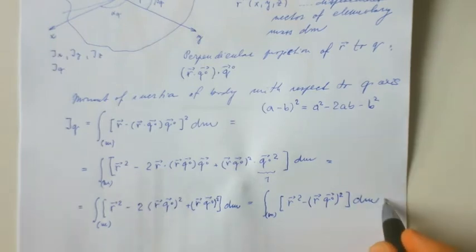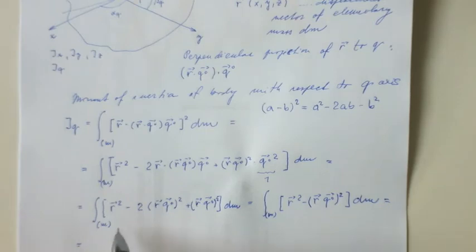And one more trick is applicable here. Something vector powered by 2 is equal to the square power of its size.